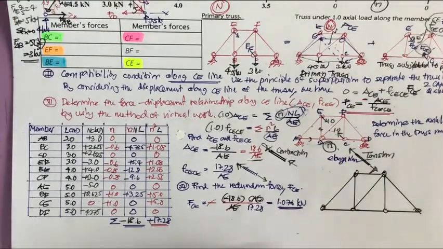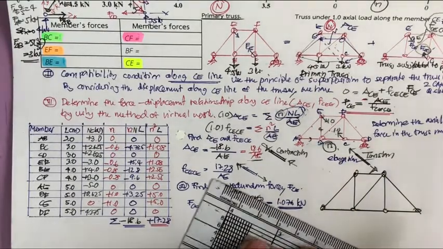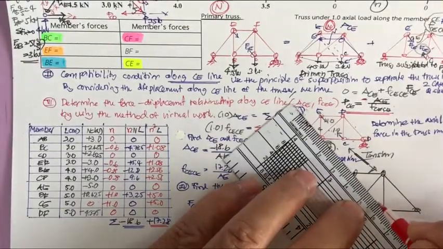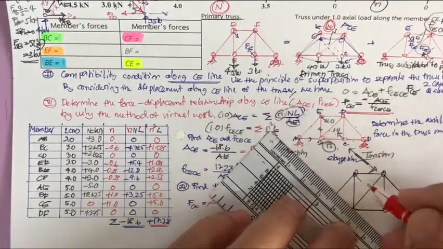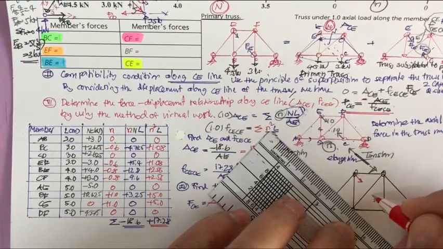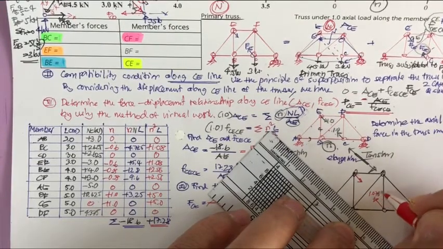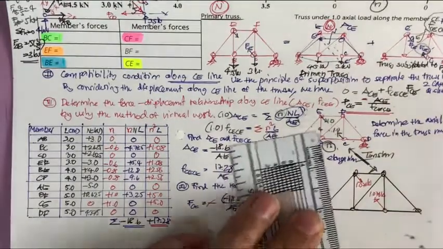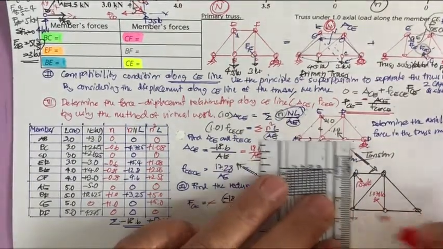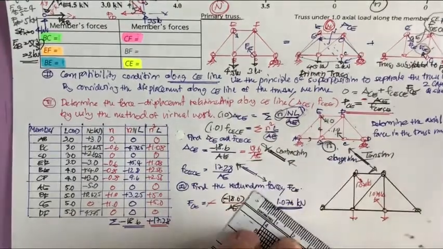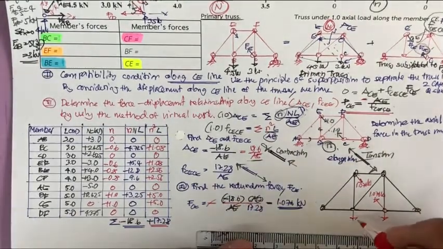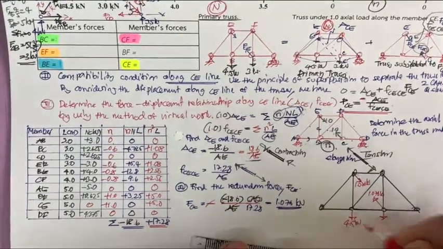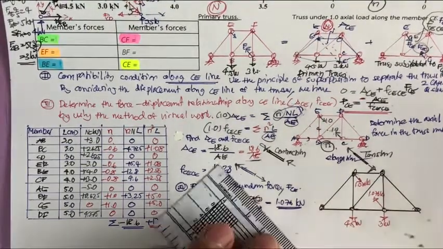We have the force in this member of 1.076 kilonewton, and this is subjected to the force of 4.5 kilonewton, and this is 3 kilonewton.